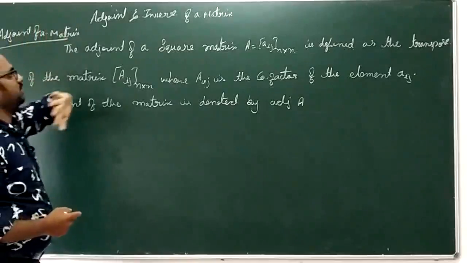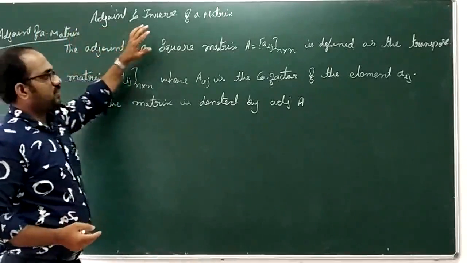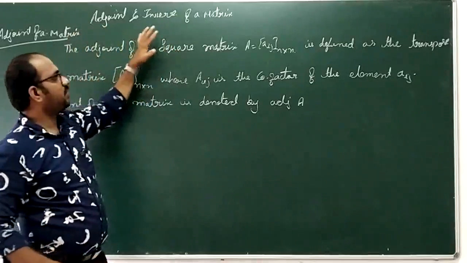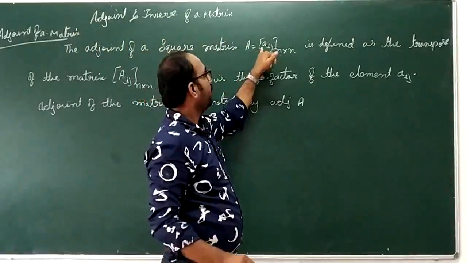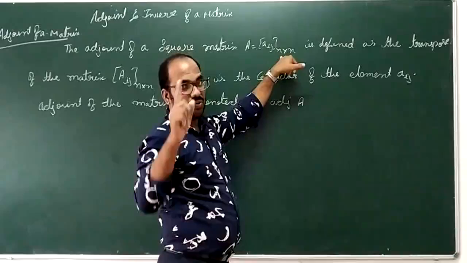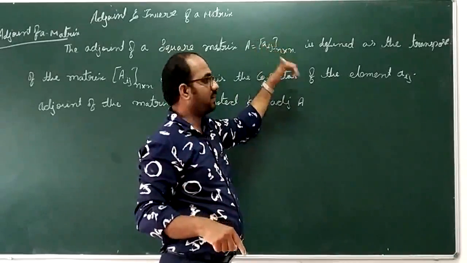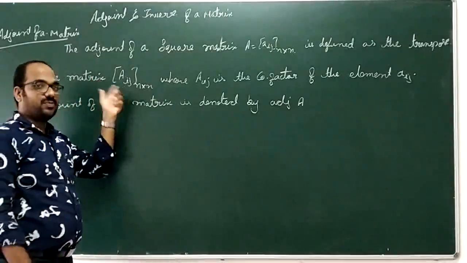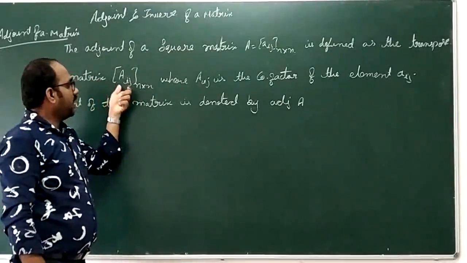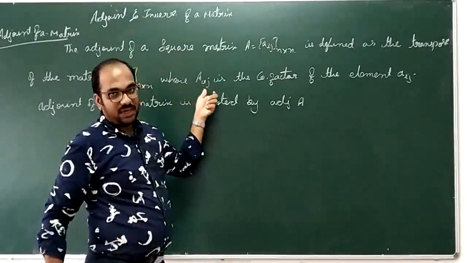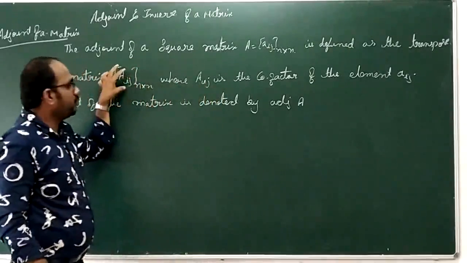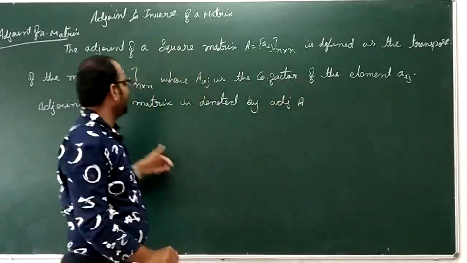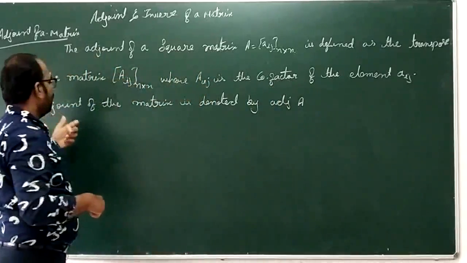In that, the adjoint of a square matrix, it must be a square matrix. In determinants, the adjoint of a square matrix A is equal to capital A, is equal to Aij of order n cross n, because number of rows is equal to number of columns, since it is a square matrix. It is defined as the transpose of the matrix Aij, that is transpose of Aij of n cross n, where capital Aij is the cofactor of the element aij.